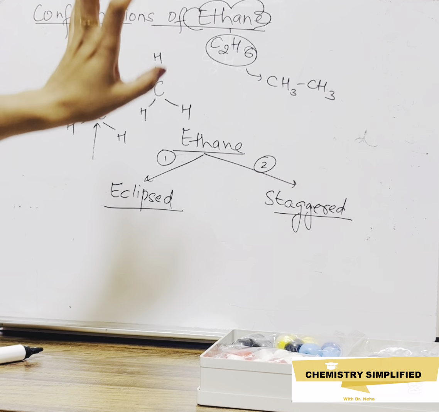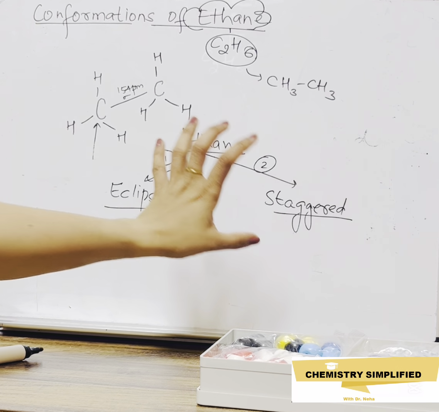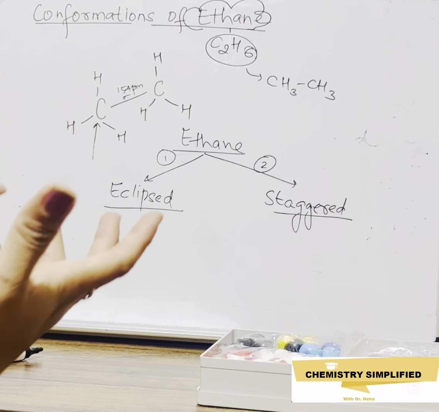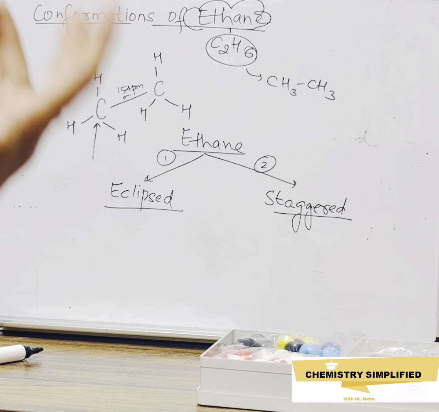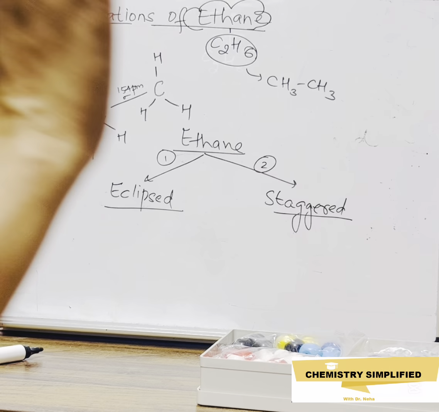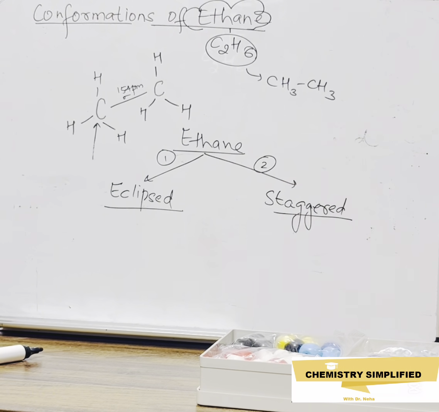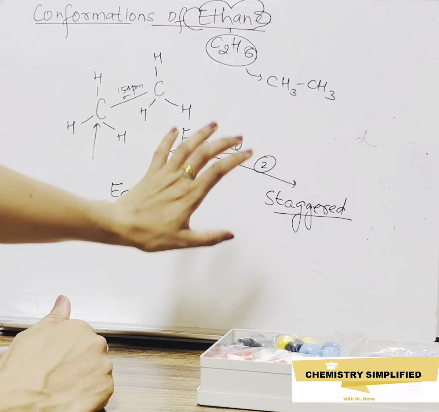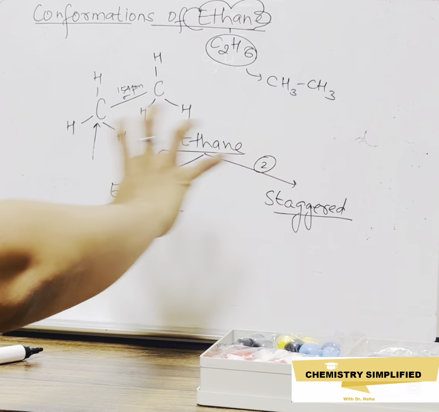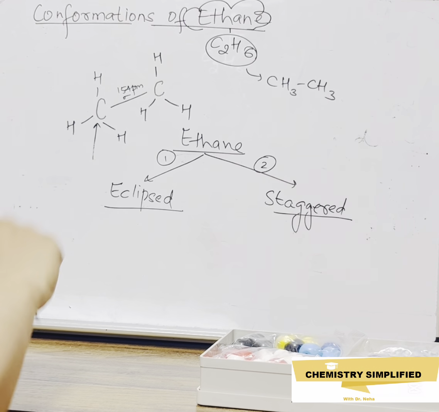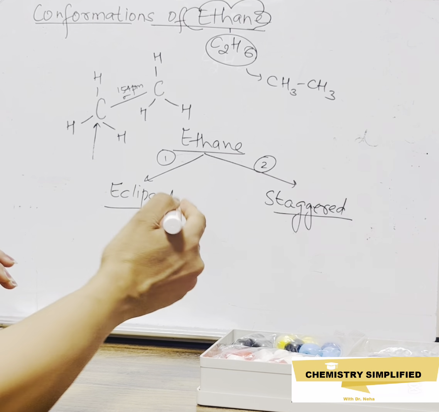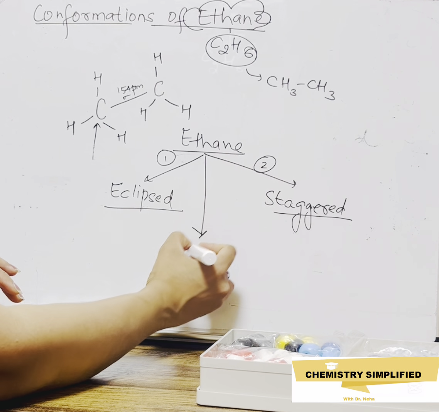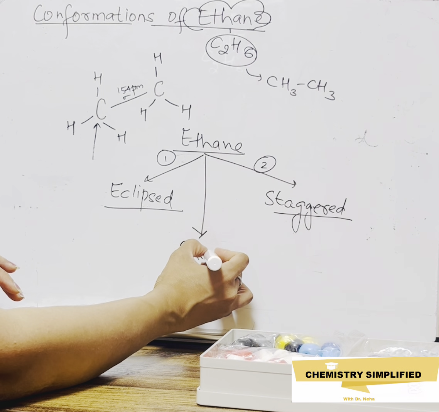But in between eclipsed and staggered, we get a number of phases. Like for example, if you have learned about the phases of the moon, between the full moon and the no moon stage, we have different phases of the moon. In the same way, ethane also has eclipsed form and staggered form, and in between these two forms, ethane also has different forms, different rotamers, that are known as skew.